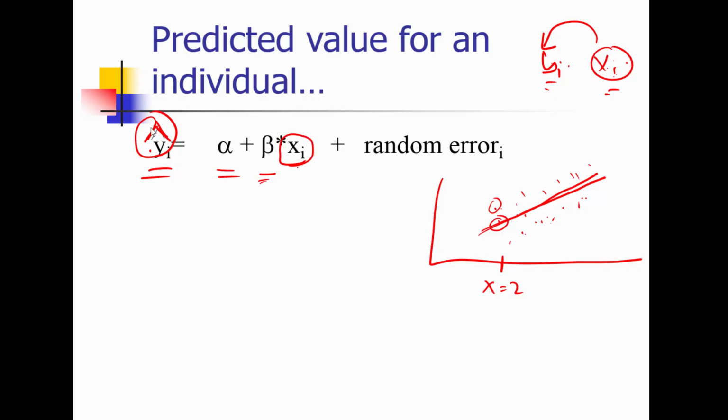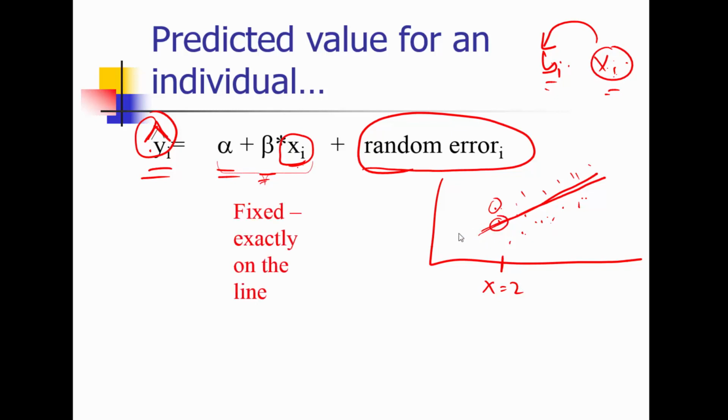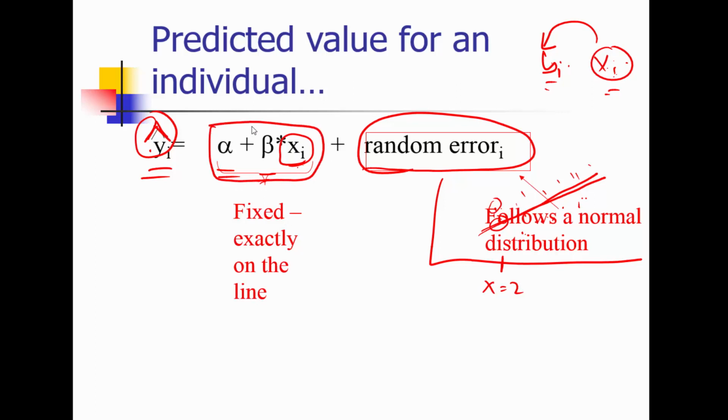We are predicting y. Random error is just an addition to that, because for each data point there will be some deviation from the actual data point, and that is the error.